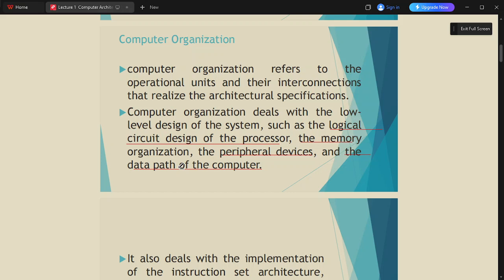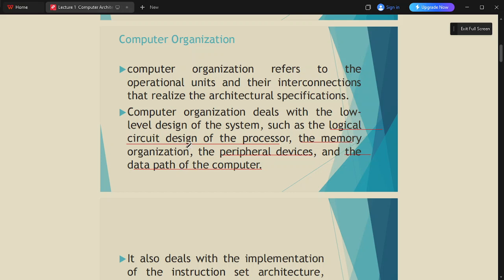travels within the system. Think of it as data traveling from the CPU to the memory, then from the memory to the input or the output devices and back again. That same pathway it takes from the CPU to the memory to the input and output devices is what is being explained by this point.